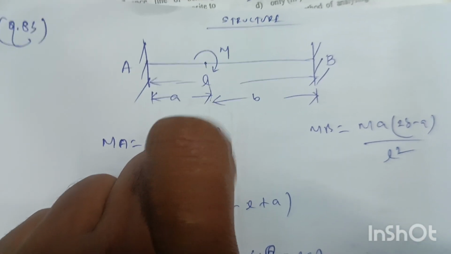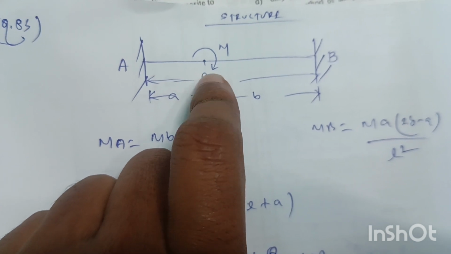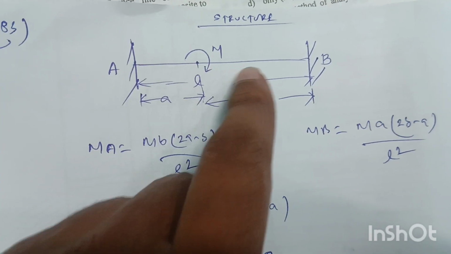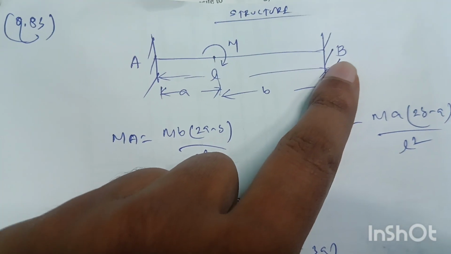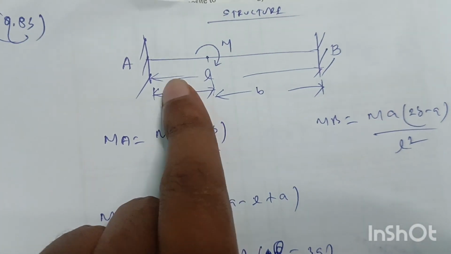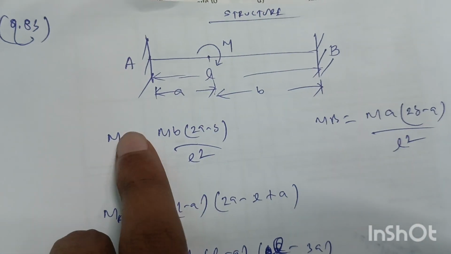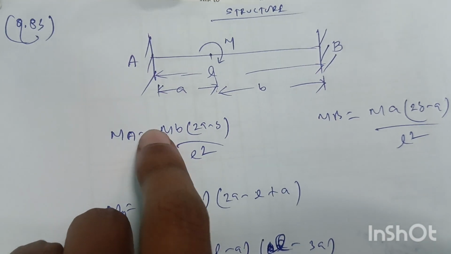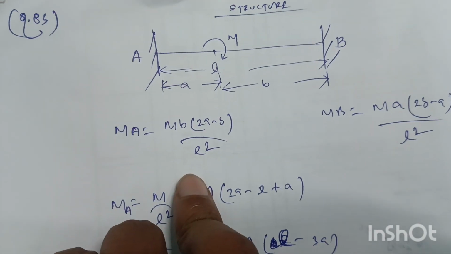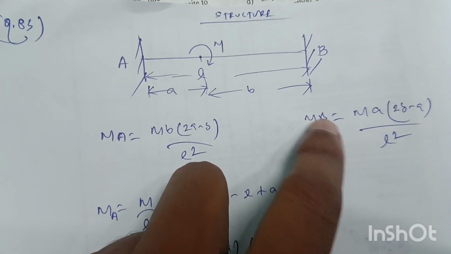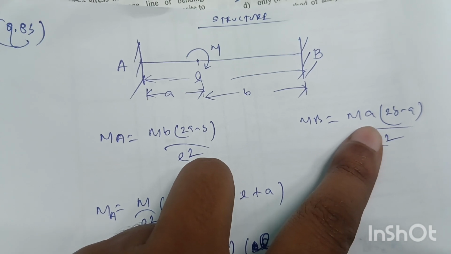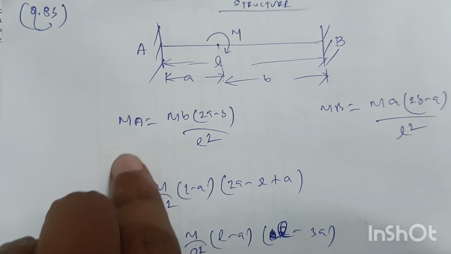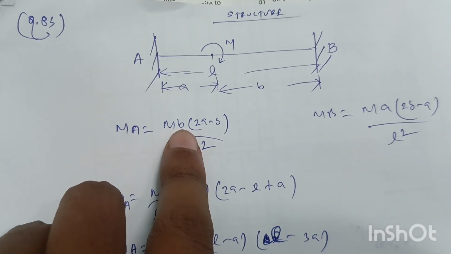A fixed beam subjected to a clockwise moment M at a distance A from the support A and at a distance B from the support B, and the total length of the beam is L. So A plus B equal to L. Now if this is the case, the fixed end moment at A, M_A, will be equal to MB(2A minus B) divided by L square, and fixed end moment at B equal to MA(2B minus A) divided by L square. So we need fixed end moment at A. So M_A equal to MB into (2A minus B) by L square.